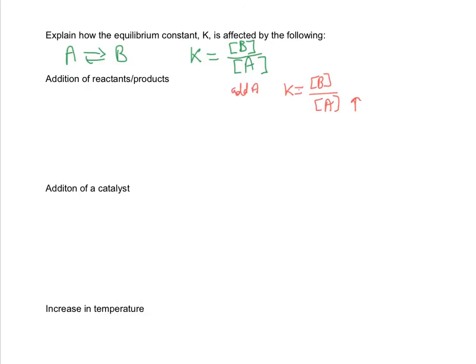Now, in my reaction, if I were to add more A, which way would it shift? It's going to shift to the right to make more B. So yes, I increased A, but I also increased B. And it happens that they increase by the same factor, and so K actually stays constant, remains the same. So there is no change.